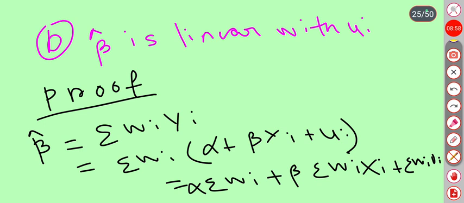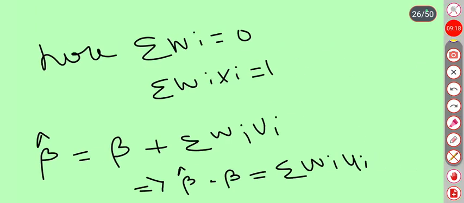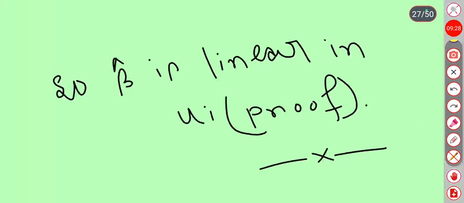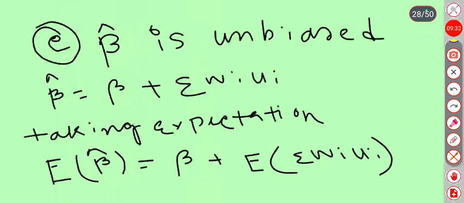So we know that the sum of wi is equal to 0 plus beta into 1, that means summation wi xi is equal to 1. And the other term is summation wi ui. Here beta hat is equal to beta plus summation wi ui, or beta hat minus beta is equal to summation wi ui. So beta hat is linear in ui.